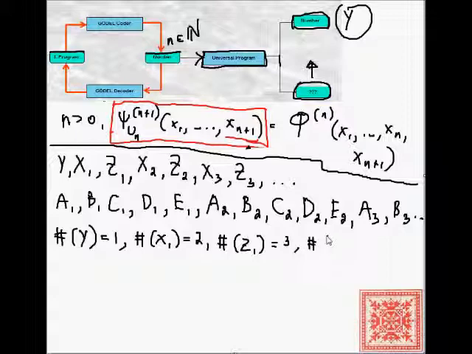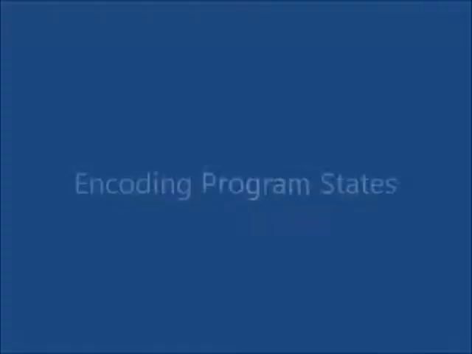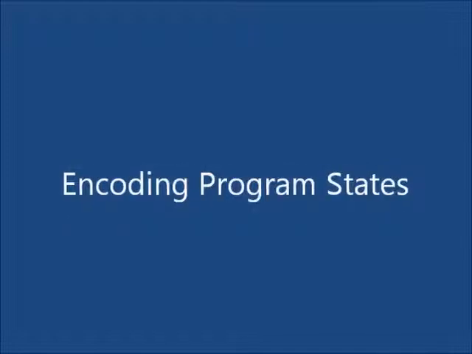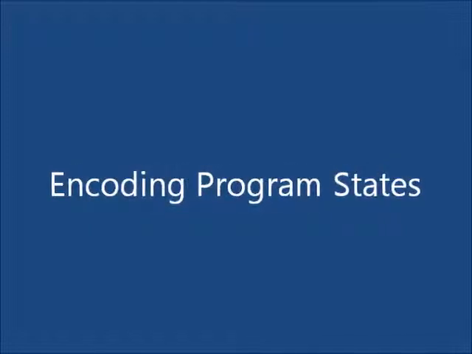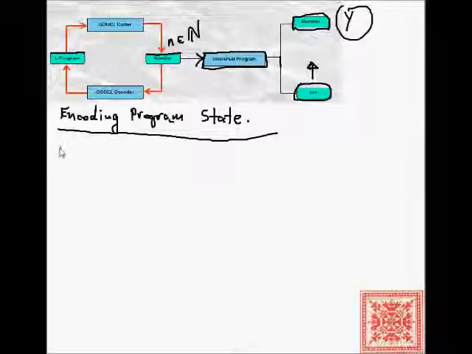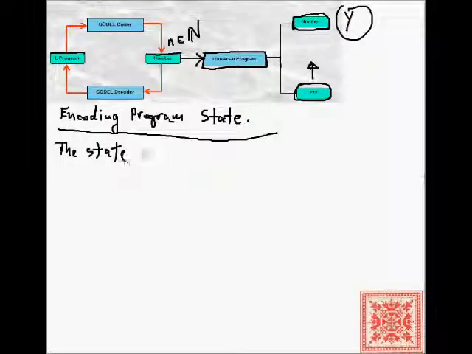That sequence is given by y, x1, z1, x2, z2, x3, z3, and so forth. So x1 is 2, the number of z1 is 3, and so forth. You can watch the previous screencasts to remind yourself of how to do that. Both functions, which compute the positions of variables and the positions of labels, are primitive recursive.